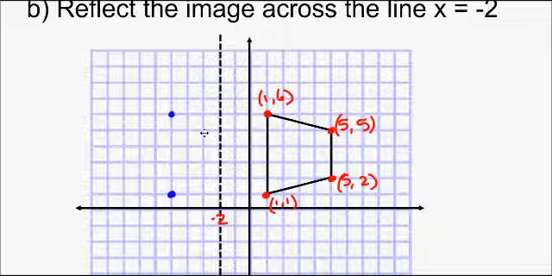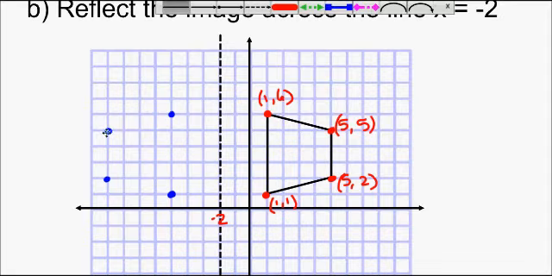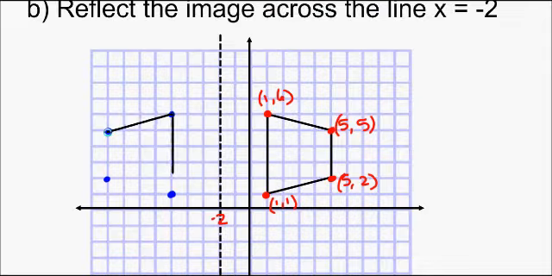So I want to go 1, 2, 3, 4, 5, 6, 7 units from the line. I see that these both have an x of 5, which means they both have a reflected x of negative 9. So I'm just going to line up those points. Once I have my new points plotted, my new vertices, I can connect them, and I have my reflection.